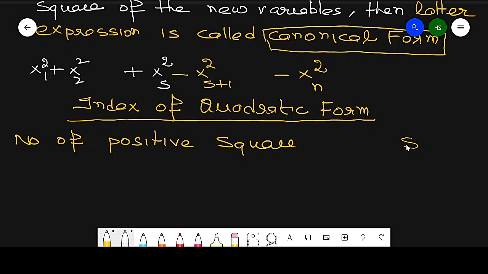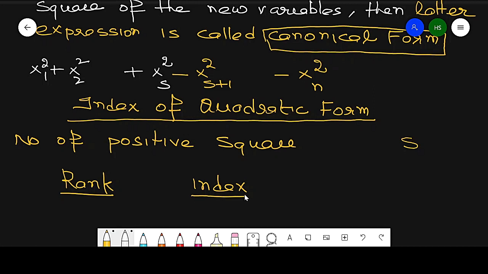Now what is its rank? The rank is the total number of variables, so that is n. If it is r, then the rank is r. And the index is the number of positive terms; that is the difference between these two values. In some questions my aim is to find the rank and index.